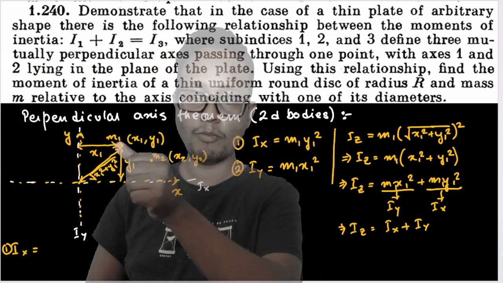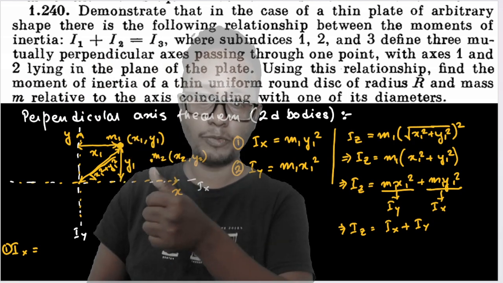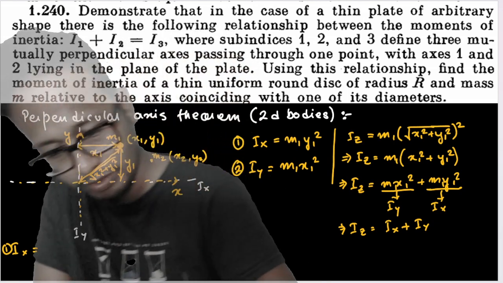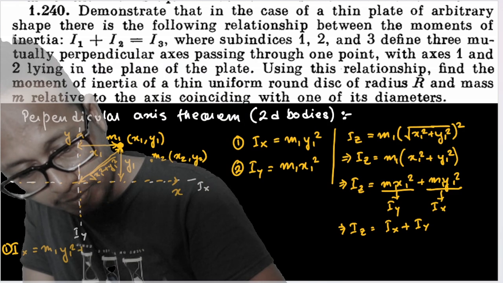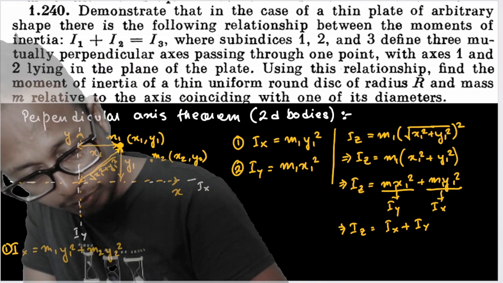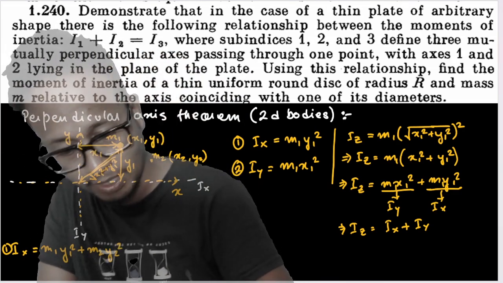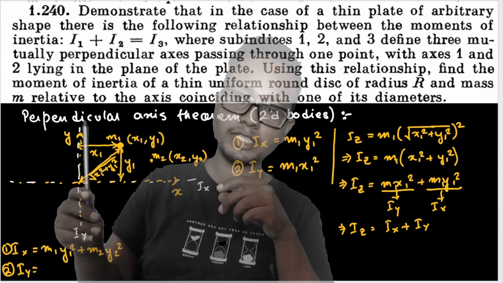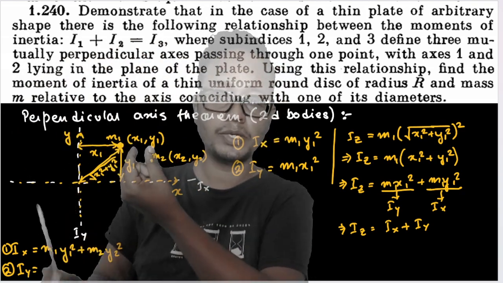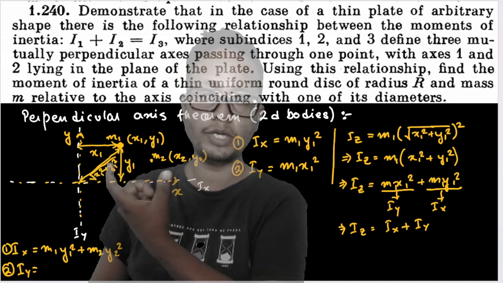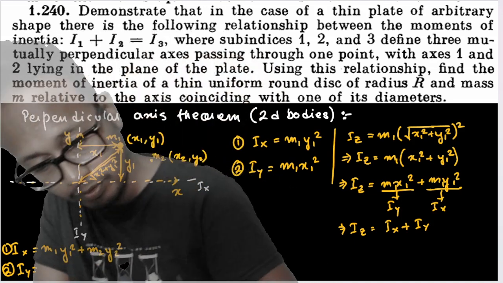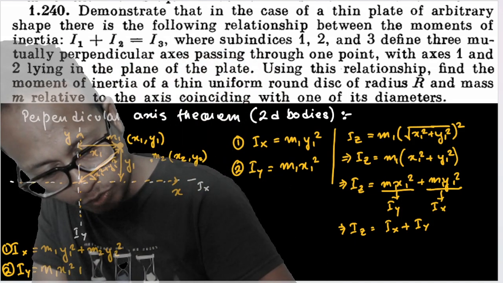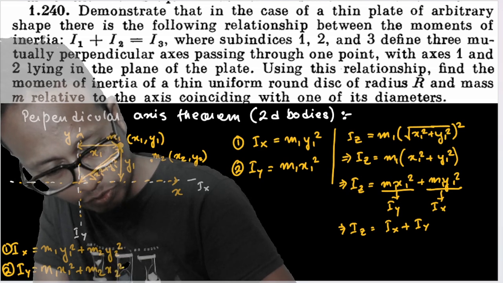It is nothing but m1 y1 square plus m2 y2 square, isn't it? Similarly, what is my moment of inertia passing through the y-axis? It is nothing but m1 x1 square plus m2 x2 square.